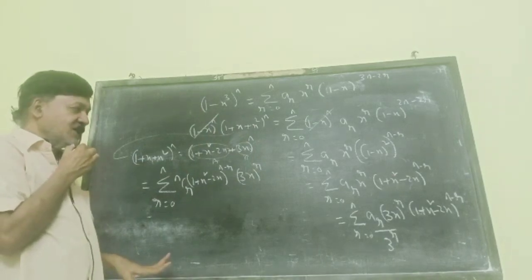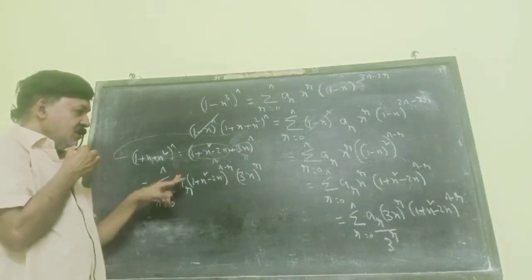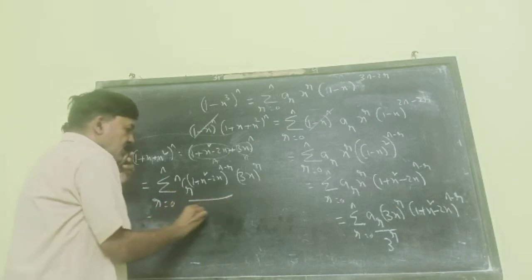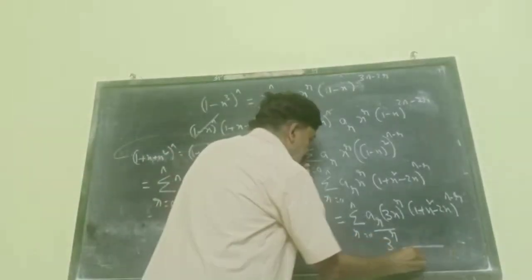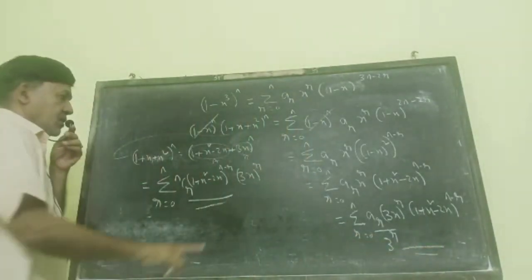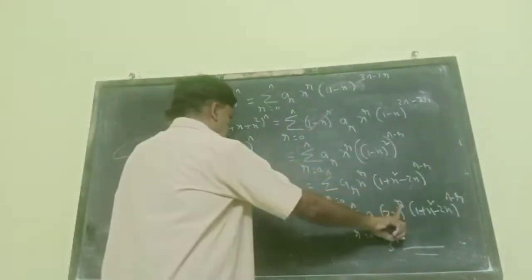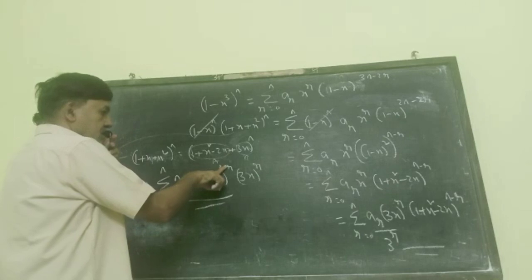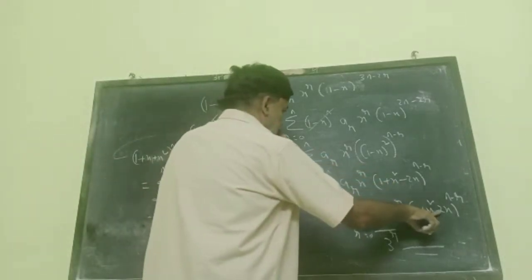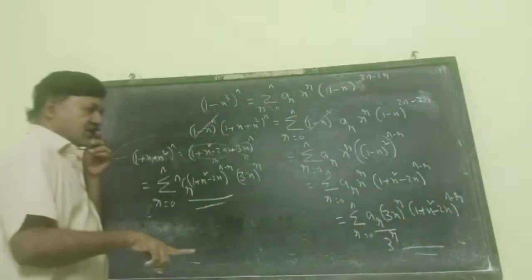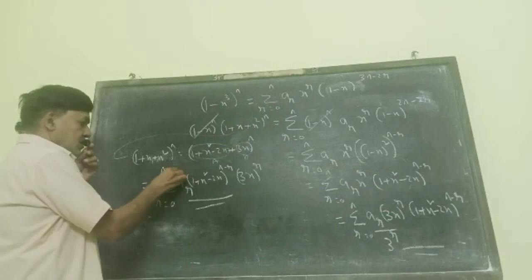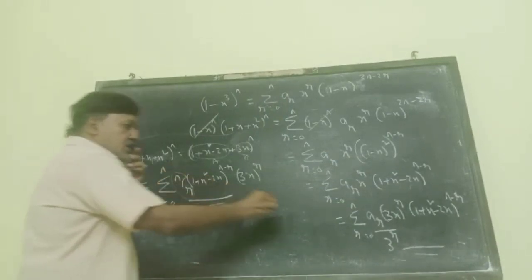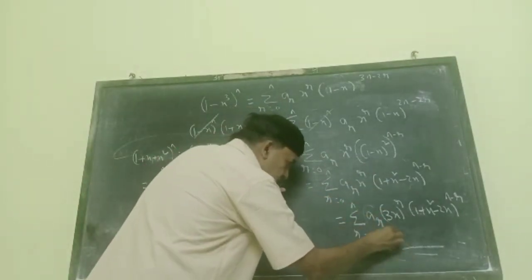Yes? Understood? So, you now watch LHS, watch this RHS. 3x whole power r, 3x whole power r. 1 plus x square minus 2x whole power n minus r, 1 plus x square minus 2x whole power n minus r. So, your nCr must be equivalent to this.